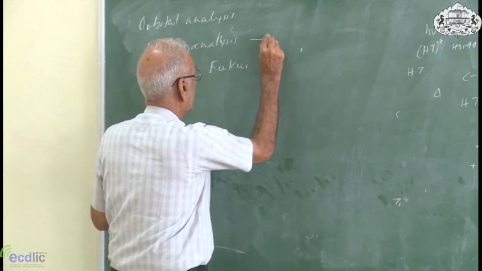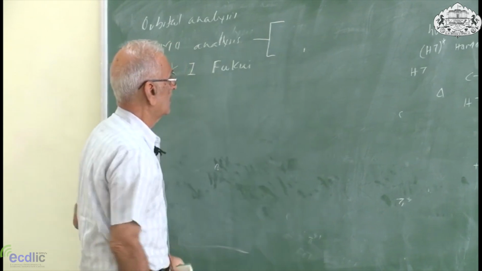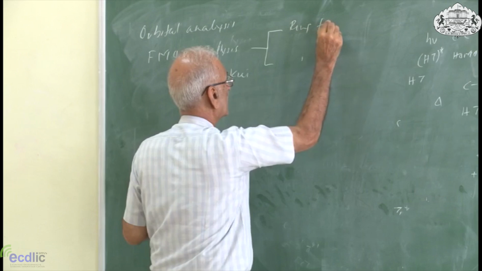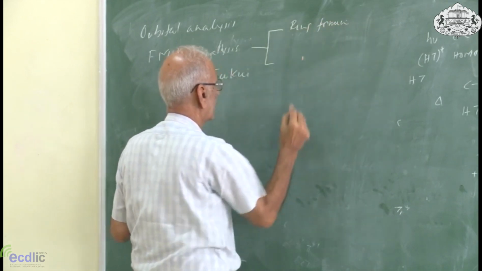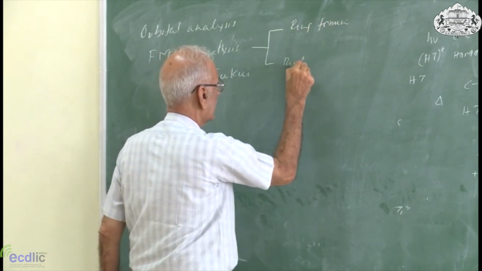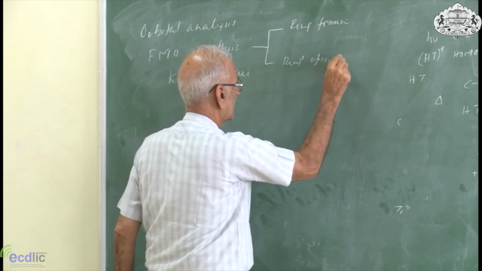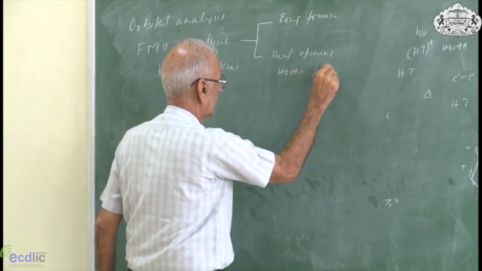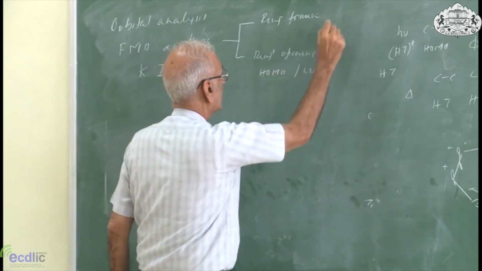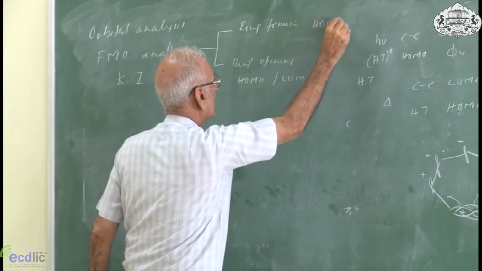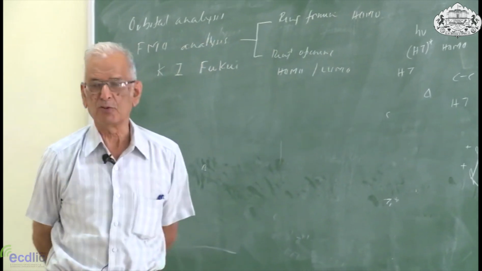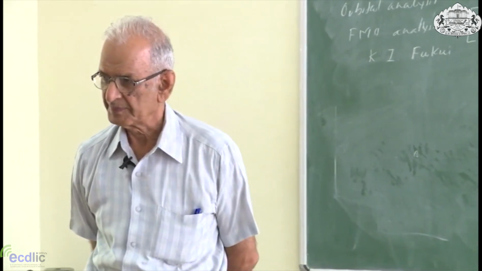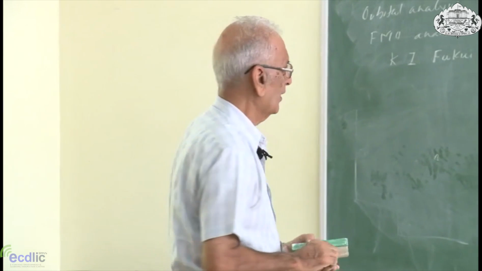So, in the FMO analysis, we first looked at the ring forming reaction, and then we looked at the ring opening reaction. In the ring opening, HOMO of one and LUMO of the other. In the ring forming, you look only at the HOMO of the open chain structures. All right?